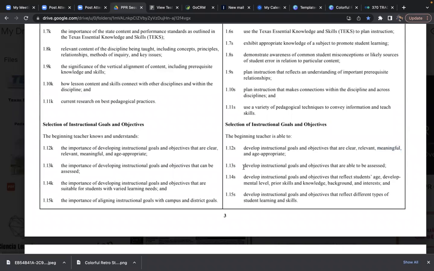This is very important. Every instructional goal and objective must be able to be assessed. We have to be able to measure it. There is a question on the practice exam where I believe the question asks what is the primary concern that a teacher should have based on their objective, and it refers you back into the scenario to an objective.